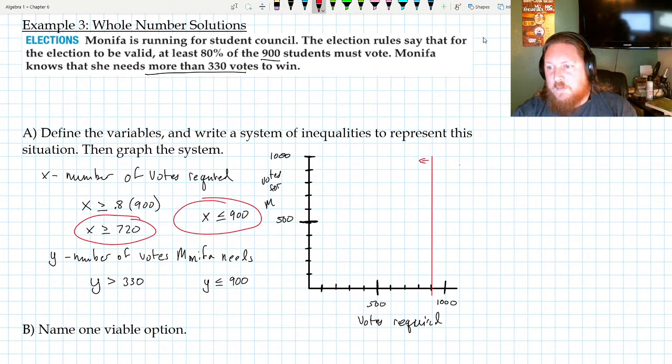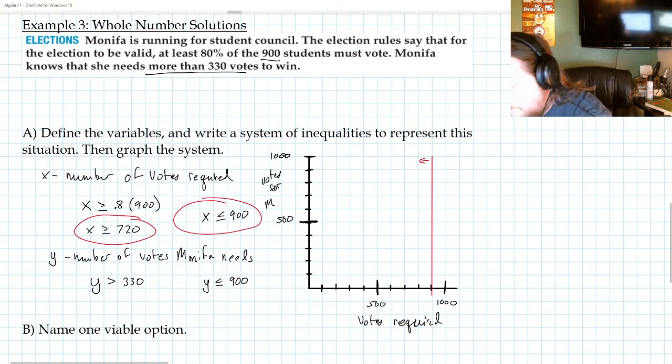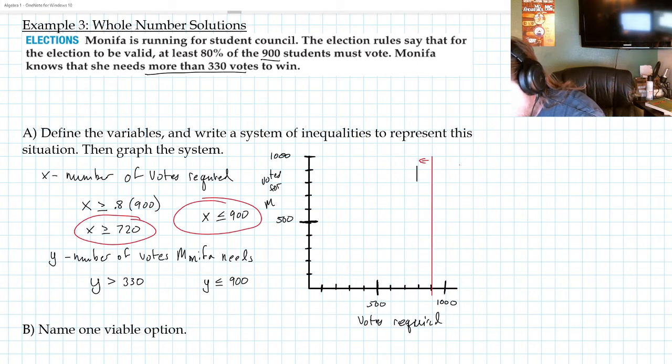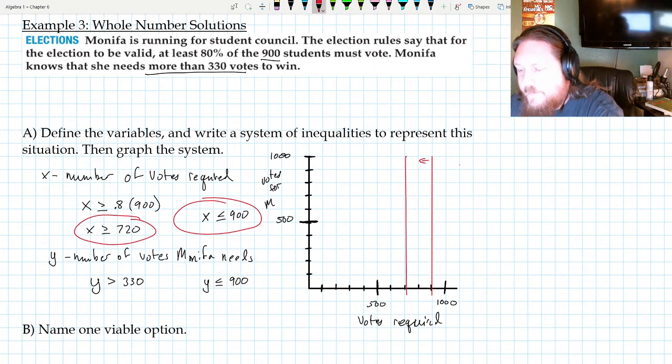There needs to be more than 720. And that's 600, 700, so 720 is just to the right of that. Of course, I can't draw it precisely because everything's too tight here. So just to the right of that, I'll draw a nice vertical line as well.